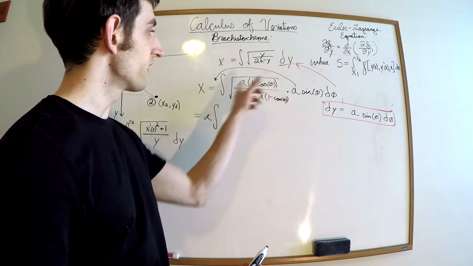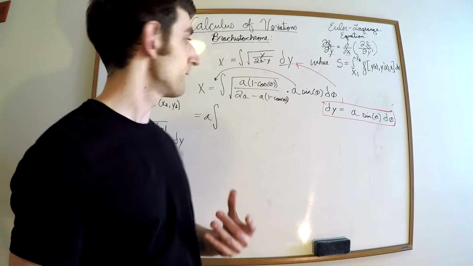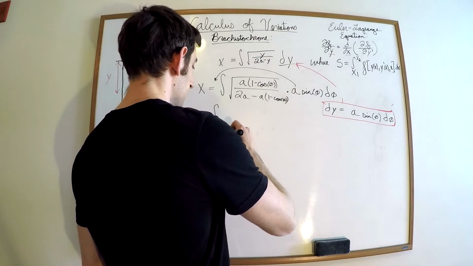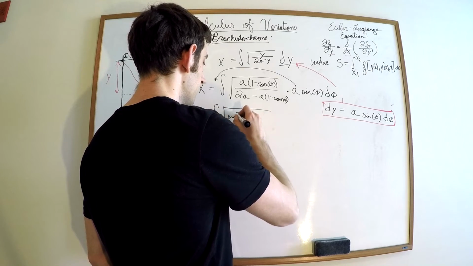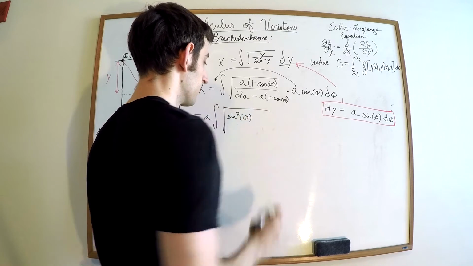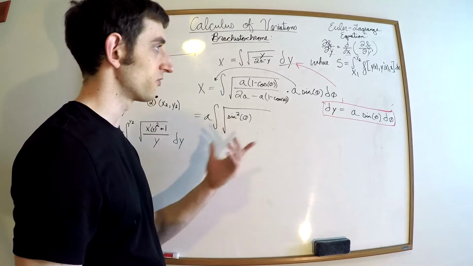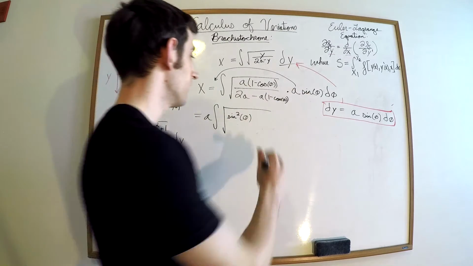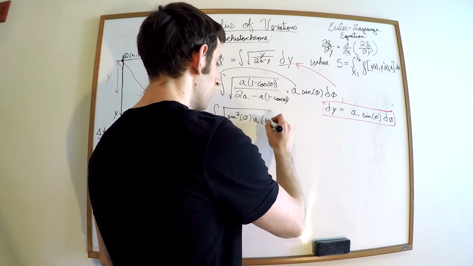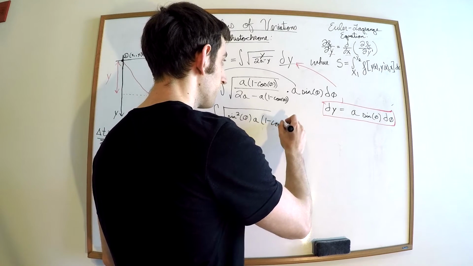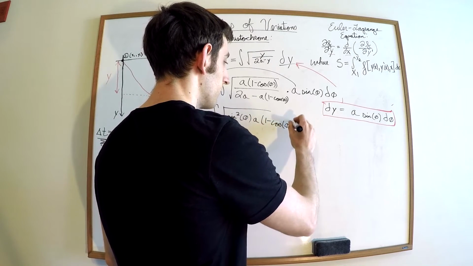So in order to bring this in, it becomes sine squared, right? So we end up with, again, the square root of sine squared theta, because the square root of sine squared equals sine, so we didn't change anything here, times a times 1 minus cosine theta.